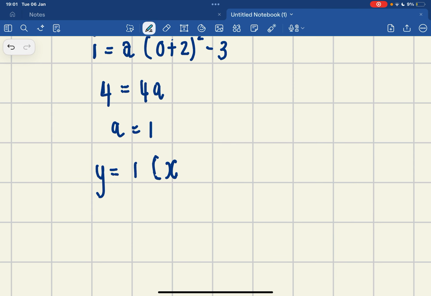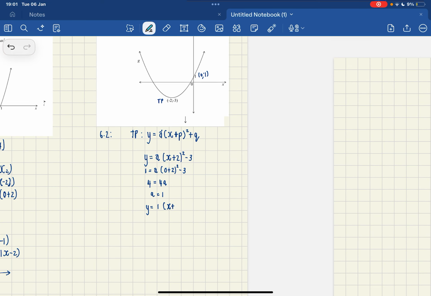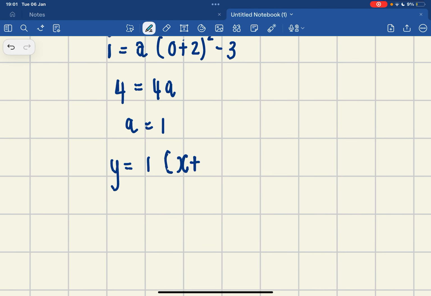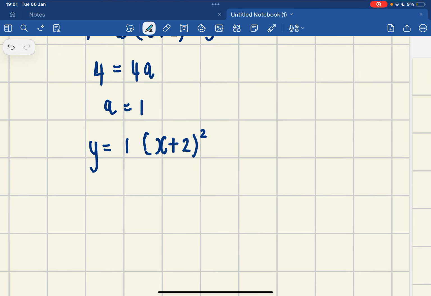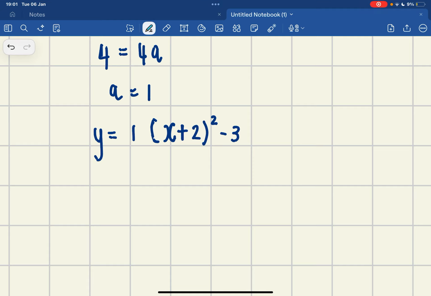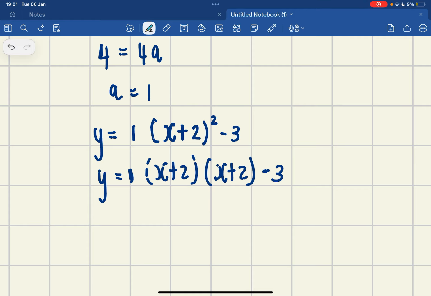y is equal to 1 times x plus p, which is 2, squared, minus 3. From there on, what you do is you just expand the brackets and solve x plus 2, because they wanted it in standard form. That's what the question said.